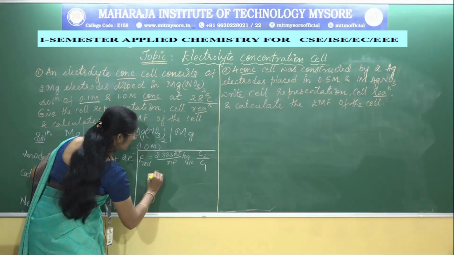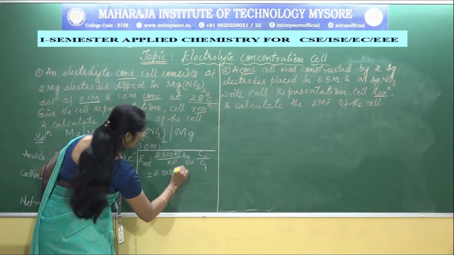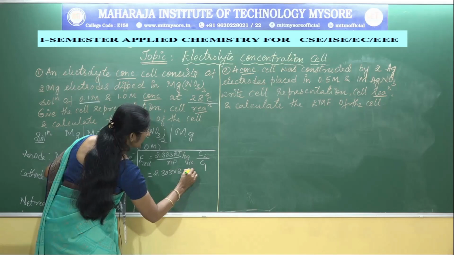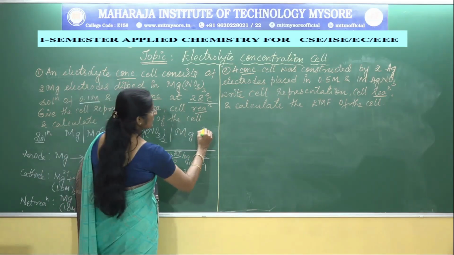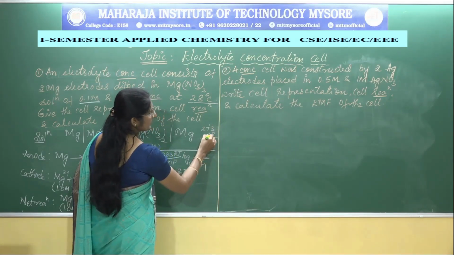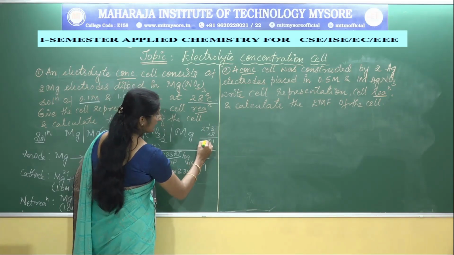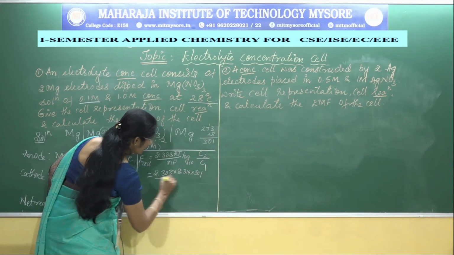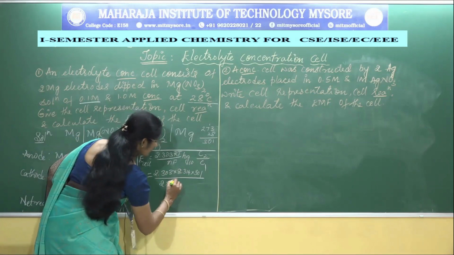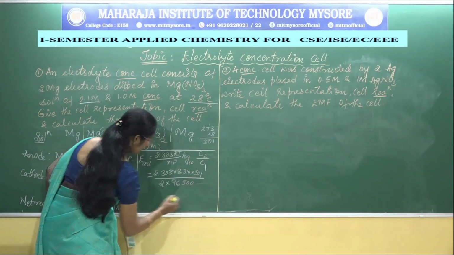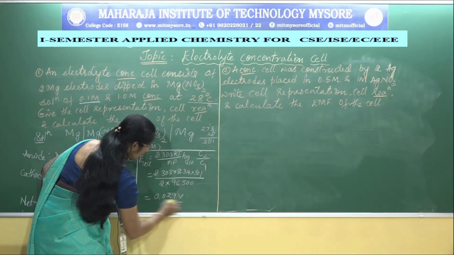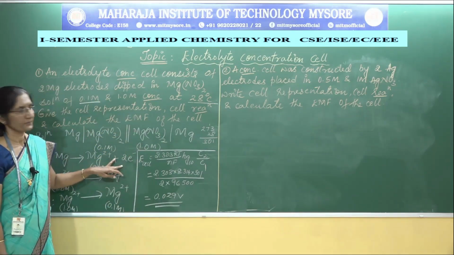Substitute the values: 2.303 times R, which is 8.314, times T, observe that, 273 plus 28, that is 301, divided by n, the number of electrons involved in the reaction, which is 2, times the Faraday constant 96,500. Simplify this, then we get 0.029 volt. This is the EMF for this cell.